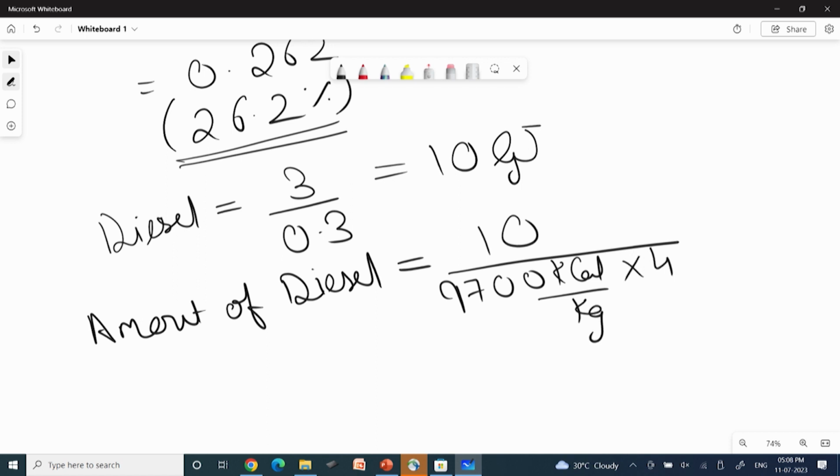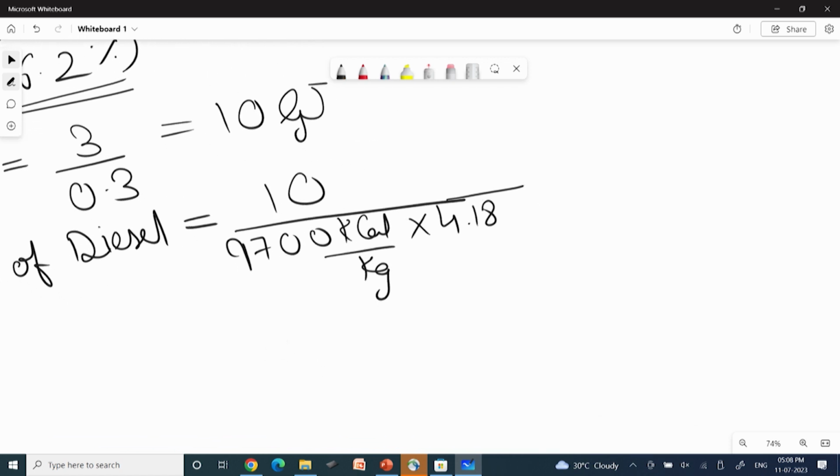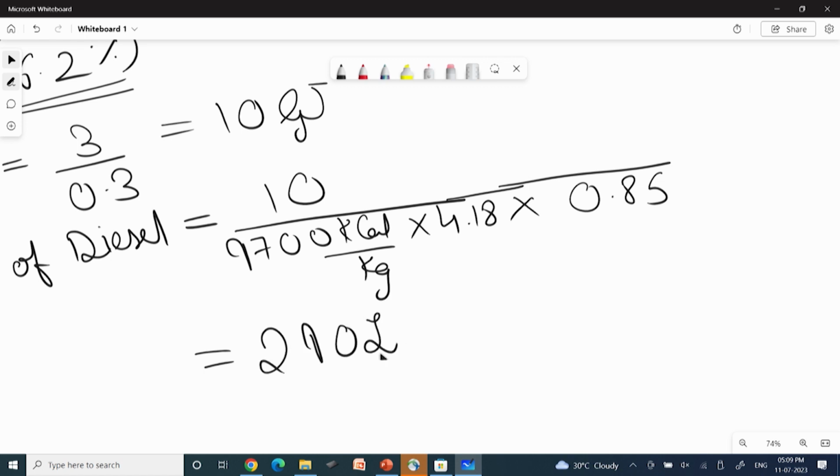Multiply that with 4.18 as a conversion factor for kilocalories to joules, and finally multiply with the density of diesel, which is assumed to be 0.85, and what I get is around 290 liters of diesel.